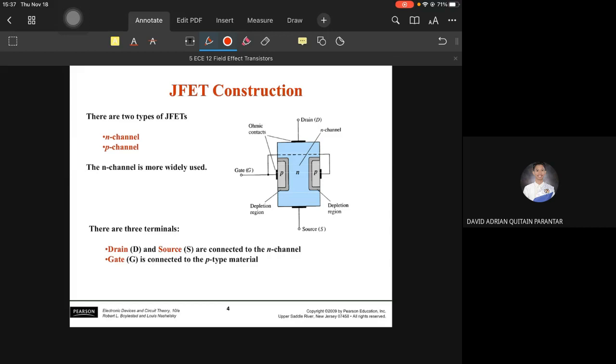Again, we'll still be using tables, very convenient. And we will end our discussion on the JFET with the topic that we discussed last meeting on the BJT: two-port systems and cascaded amplifiers, RL, RS, all of that. So, all of it, but this time, JFET.